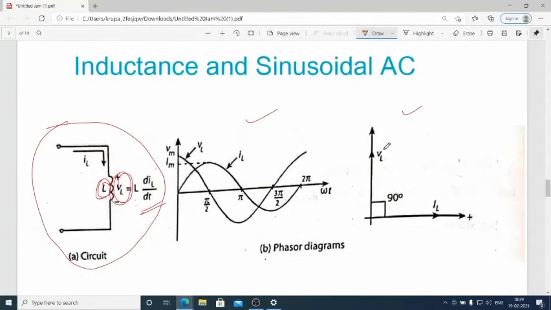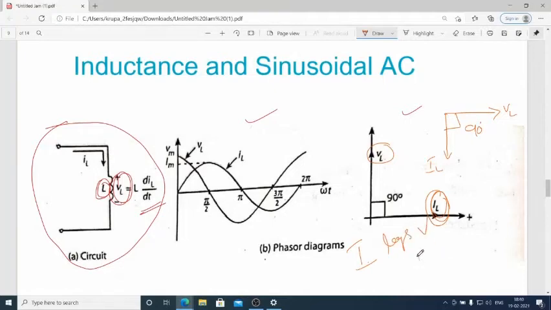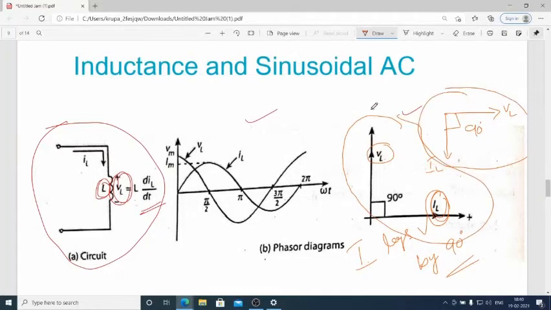The voltage and current are lagging in nature, meaning if I consider voltage as the reference, the current lags the voltage by 90 degrees, meaning I lags V by 90 degrees for the pure inductor. Please don't confuse this diagram and this diagram; just rotate this diagram clockwise by 90 degrees.